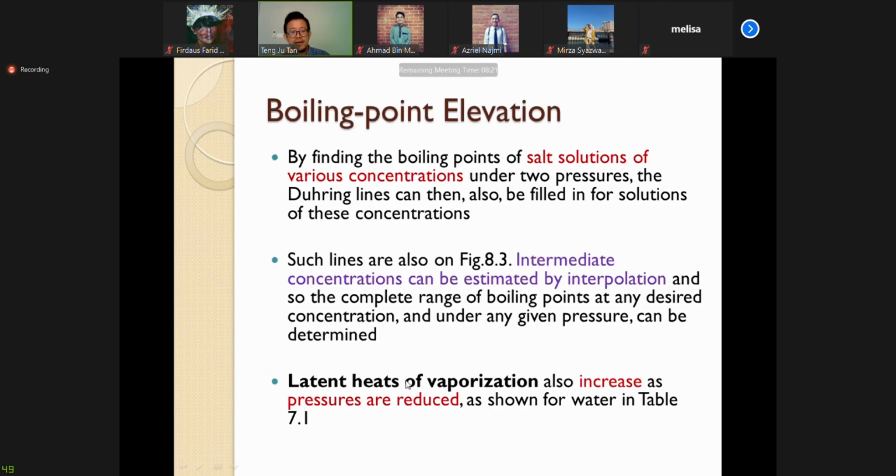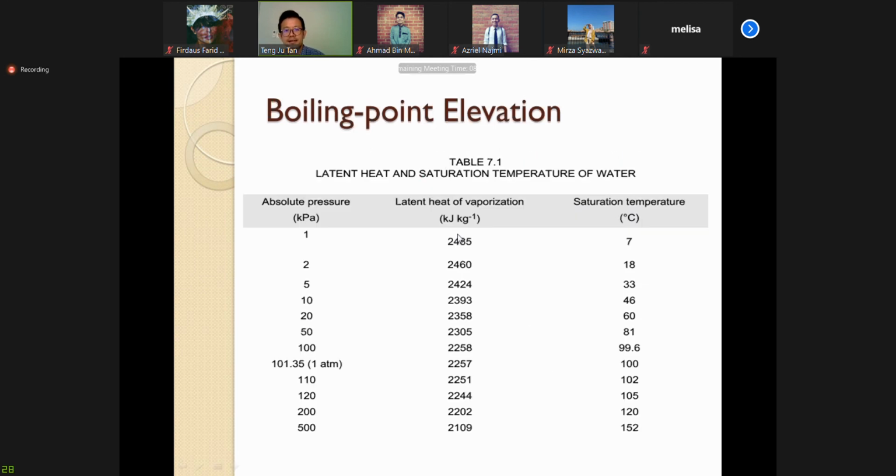Latent heats of vaporization also increase as pressure is reduced, as shown for water in table 7.1. As you see, when the pressure is reduced, the latent heat of vaporization will increase. But when the pressure is reduced, the boiling point will reduce. Pressure increases, boiling point of the liquid will increase.